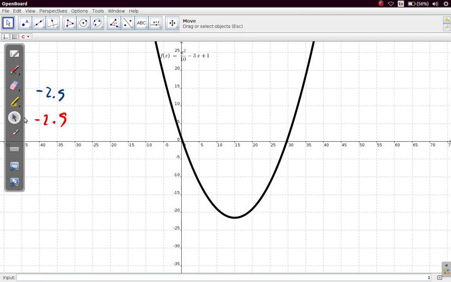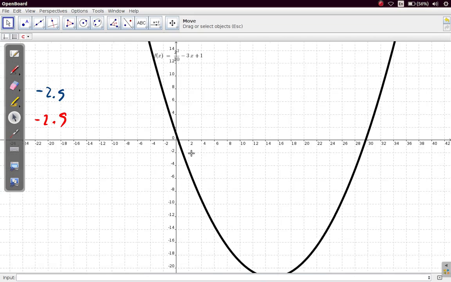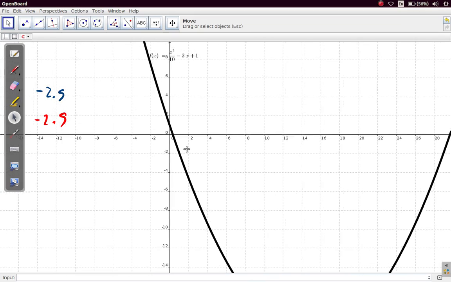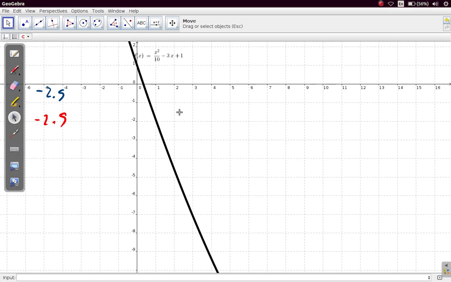Now, let's zoom in a bit and see what's happening at 2 and 3. So we have 2 and 3. At 2, this point here is the intersection of the graph at x equals 2.